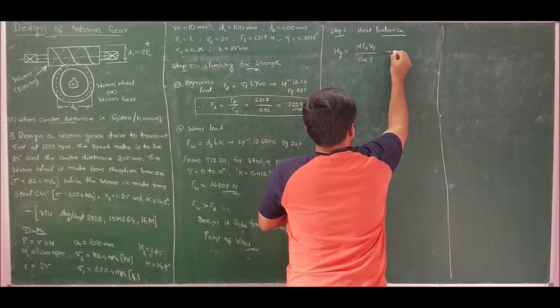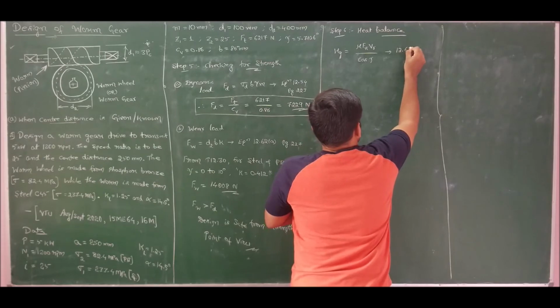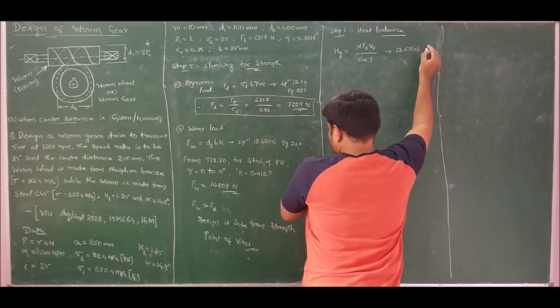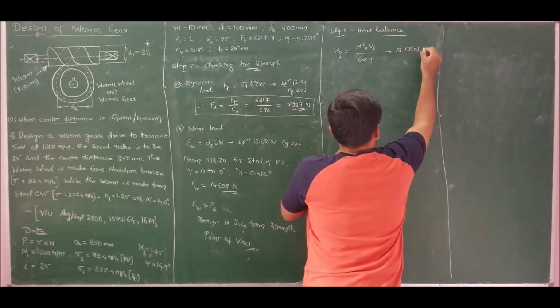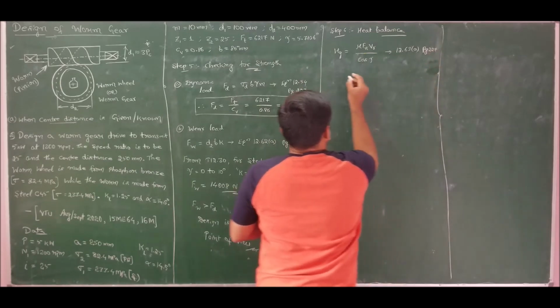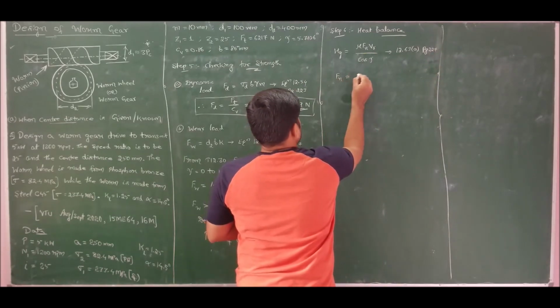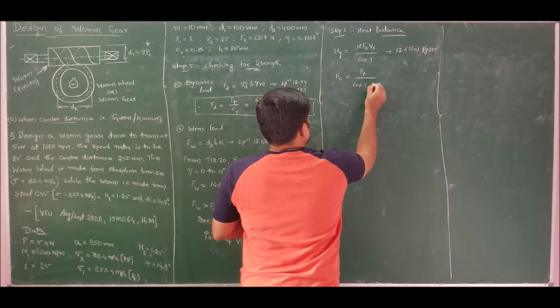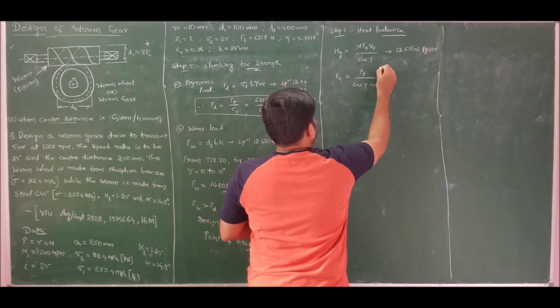This is from equation 12.63a of page 227, where Fn should be known to you people, that is Ft by cos gamma cos alpha.